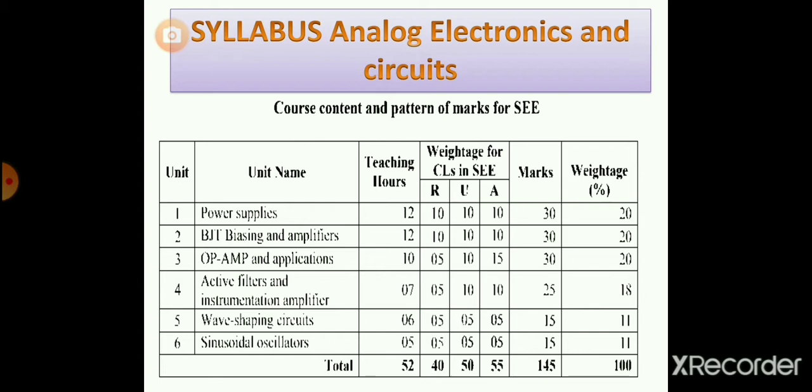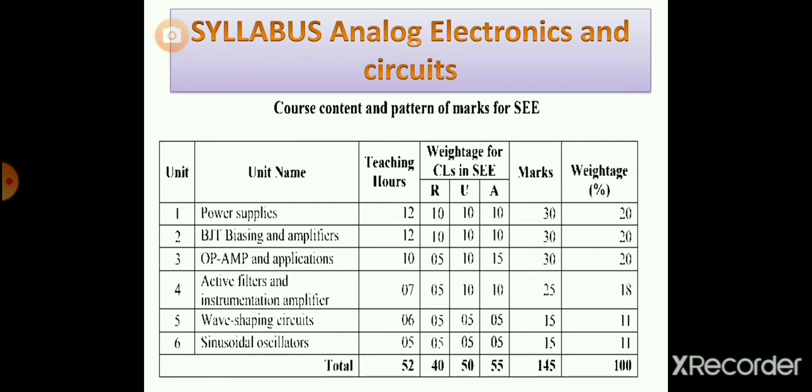Third one, OP-AMP applications, 30 marks. Fourth one, active filters and instrumentation amplifier, 25 marks. Fifth one, wave shaping circuits, 15 marks. Sinusoidal oscillators, 15 marks. Totally 100 marks theory paper.